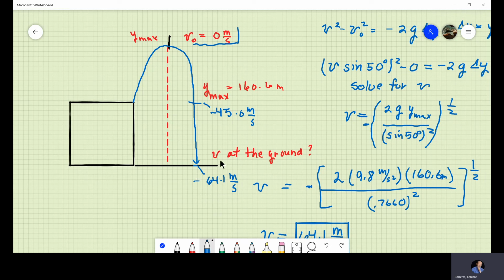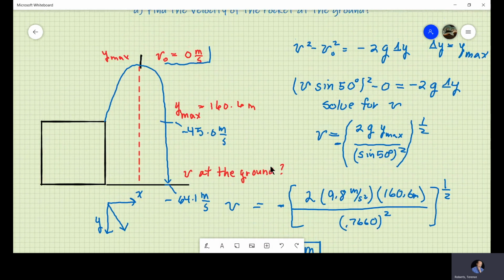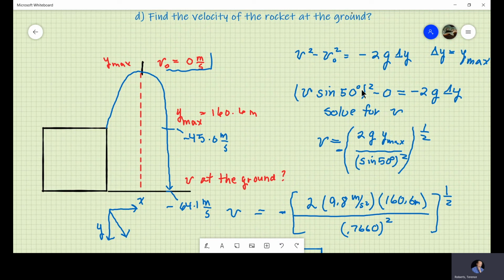Just one more thing I want to bring up. You've got to remember this v right here, this 64.1 meters per second, is actually the velocity of it coming down like this, where this is the y-axis and this is the x. So this is not the velocity that's in the y. Because if you look at how we solved this problem, up here we had v sine 50 degrees.